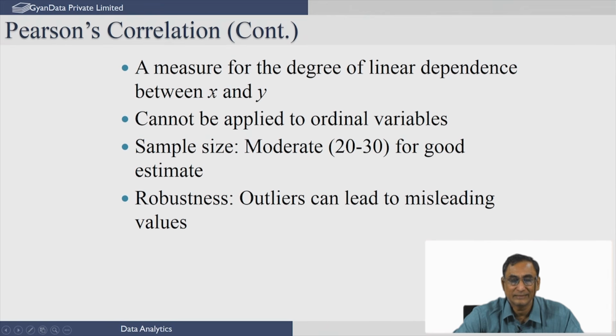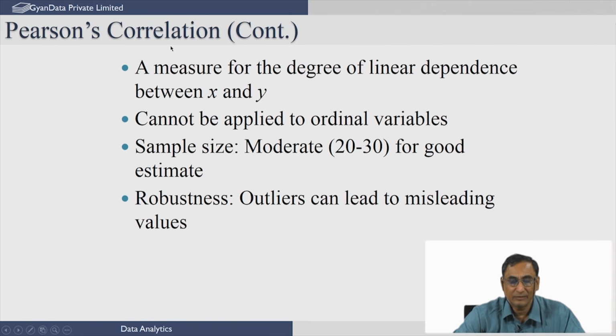If y is increasing with x, then we say it is a positive correlation, as we saw in a figure. If y is decreasing with x linearly, then the correlation coefficient will be close to -1. On the other hand, if the correlation coefficient is close to 0, all we can conclude is perhaps there is no linear relationship between y and x, but perhaps there is a non-linear association. We will come to that a little later.